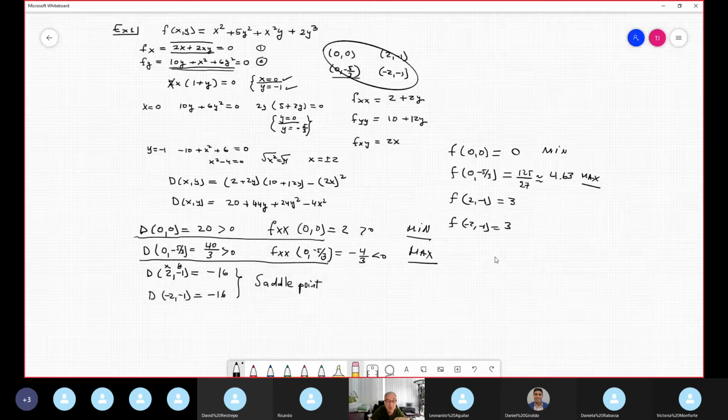To analyze the critical points, you apply the second derivative test. The second derivative test is different from calculus 1. You compute something called D, the discriminant, and depending on its sign: when the discriminant is positive, it may be a minimum or a maximum, depending on the sign of the second derivative with respect to x. Si es positive, es mínimo; si es negative, es máximo. Y si el discriminant es negative, it is a saddle point.